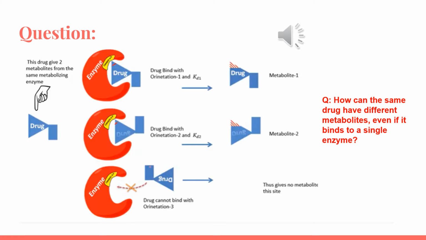And also, the same drug can bind to the same enzyme in yet another site, meaning we have 3 different sites that the drug can bind to on the enzyme. And maybe this one will give no metabolite at all, whereby the drug is not metabolized by that site of action.